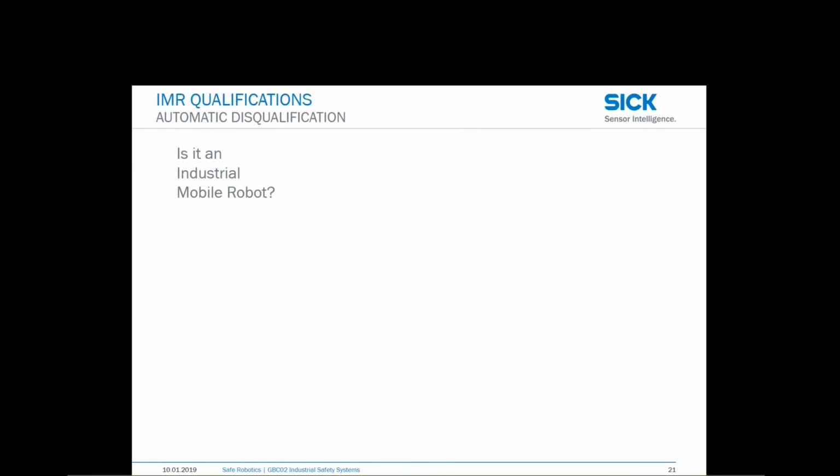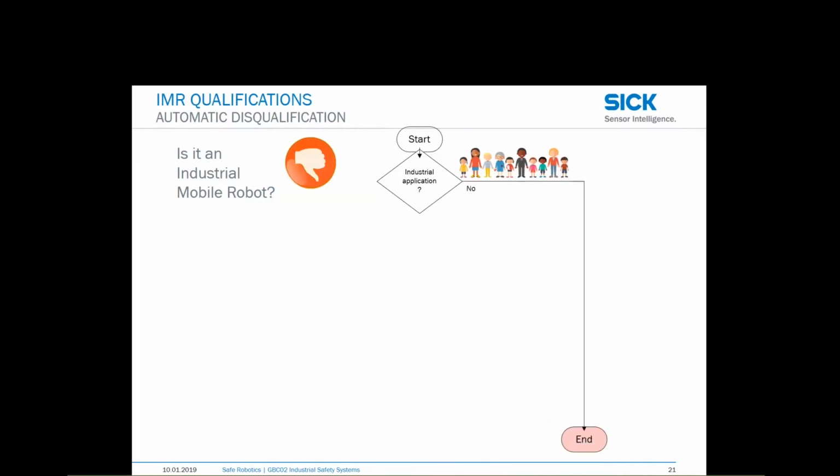So let's take a look at the qualifications of the standard as it addresses the different types of AMRs that will be covered and won't be covered by the standard. So if we think about, is this an industrial application? As I mentioned, the standard is governing industrial. So if this is a public space, this standard will not be applicable.